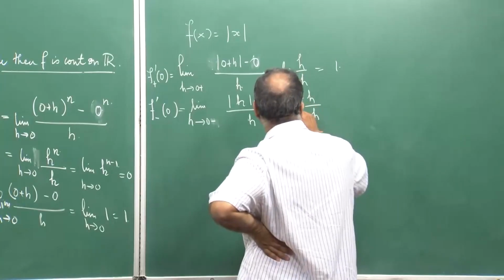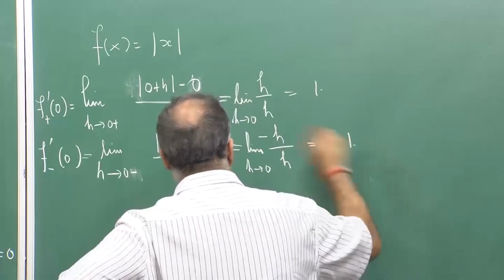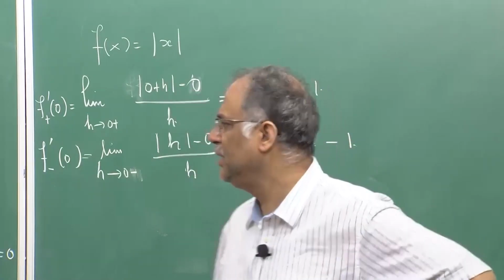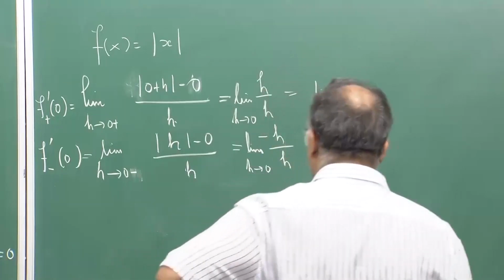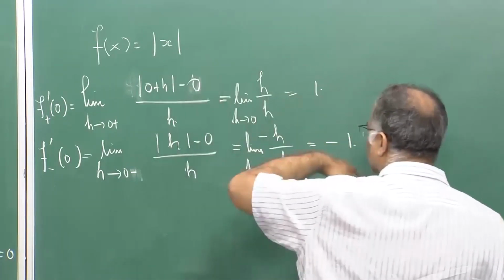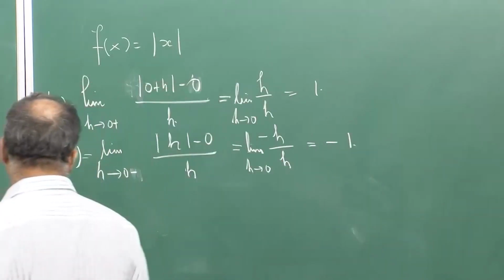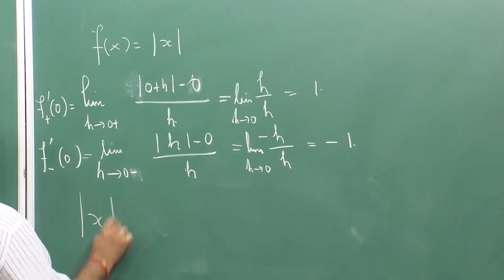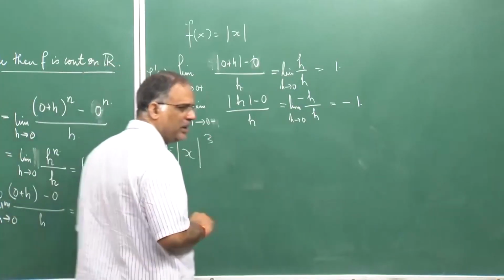So the limit of this as h tends to 0 is nothing but minus 1. So the left limit and right limit are not the same as h approaches 0 for this function. But if, for example, you take mod x cube, this has a limit at 0 and that is 0.